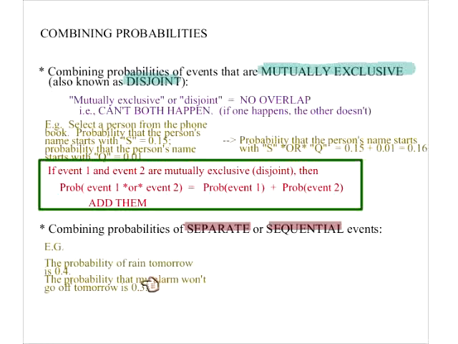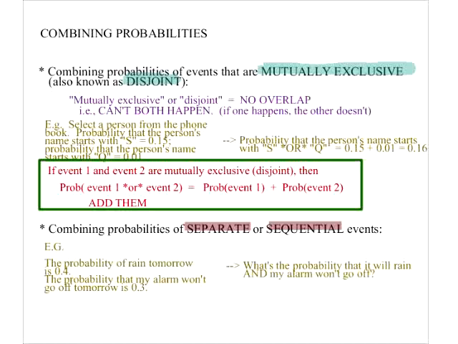So clearly these have nothing to do with each other. There's no influence that these have on the other. So the question is, what's the probability that it will rain and my alarm won't go off?